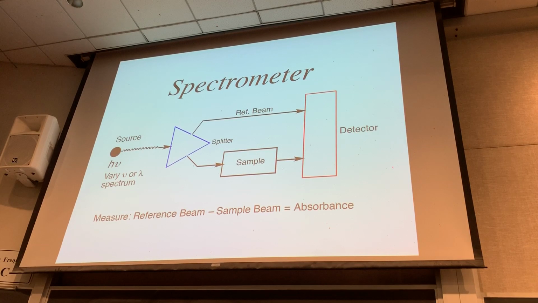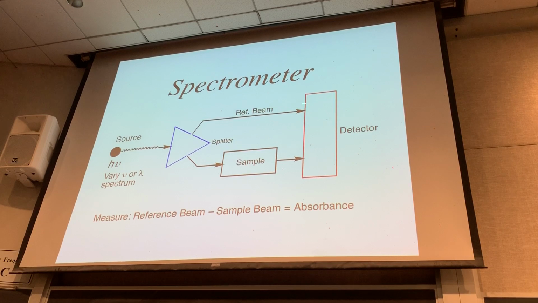All right, here's how a spectrometer works. Everything you've ever wanted to know about analytical chemistry is right here. We use different wavelengths of electromagnetic radiation. Here's our source. We can vary the frequency or the wavelength, doesn't matter. That creates a spectrum. We can sweep those frequencies or vary it depending on the source. It goes into a splitter. One beam comes off here. That's our reference beam.